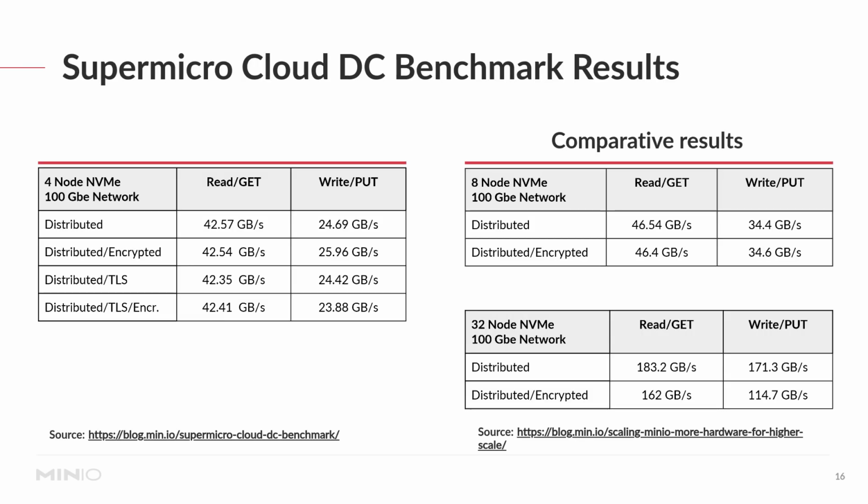Turning to today's benchmark, we were really impressed with the performance that we saw from our small Supermicro CloudDC cluster. We had 4 nodes. We were running NVMe drives. In each of them, we had 100 gigabit per second Ethernet network connecting them.